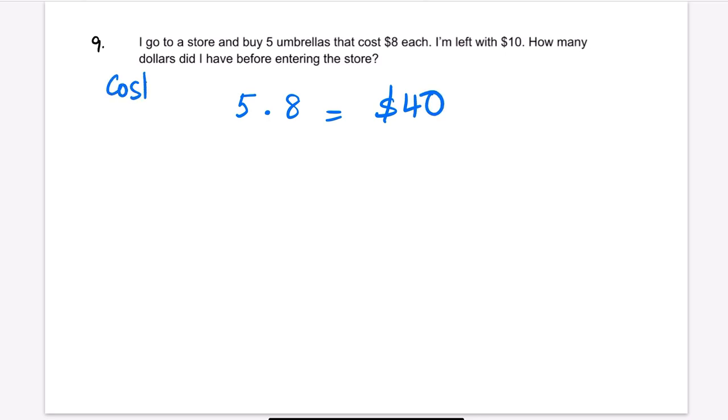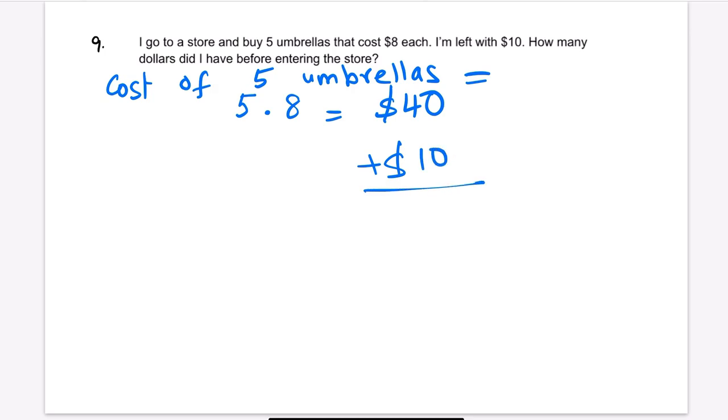This is the cost of 5 umbrellas: 5 times 8, $8 per umbrella. So I spent $40 for the umbrellas and I'm still left with $10 in my pocket. So essentially, before I entered the store I should have had $50.